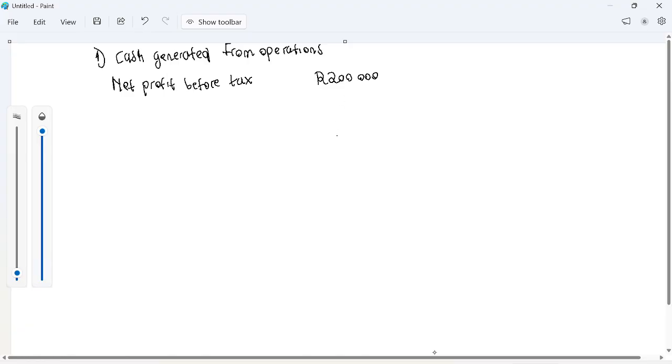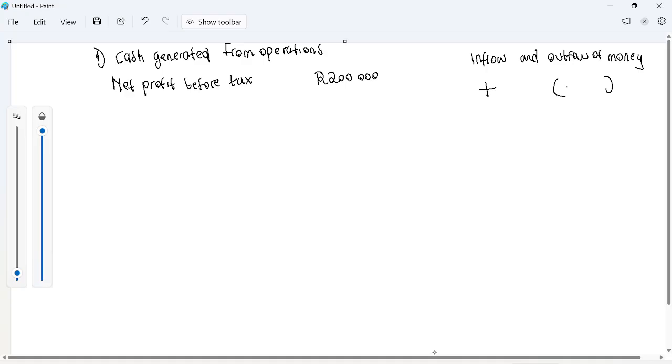Now what are we trying to do in the statement of cash flow? In the statement of cash flow, guys, we are focusing on the inflow and the outflow of money. When money comes in we have a positive, and when money goes out we put a negative.